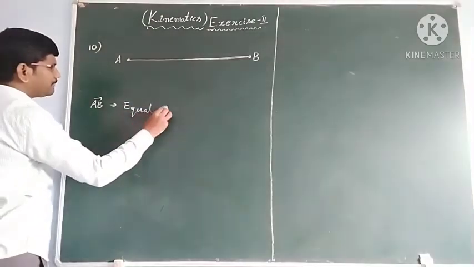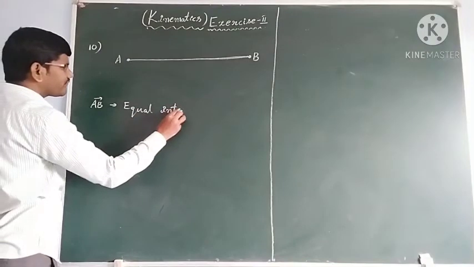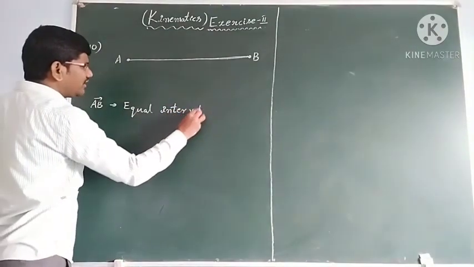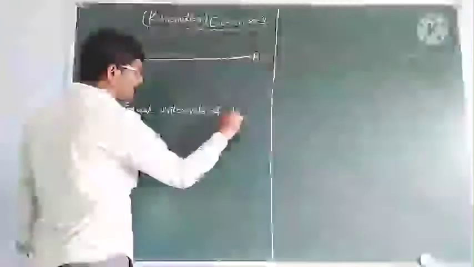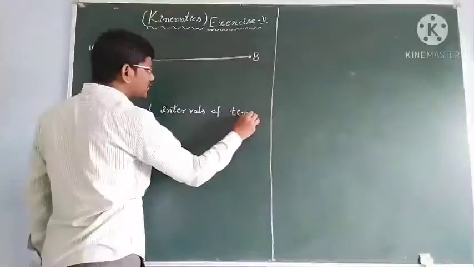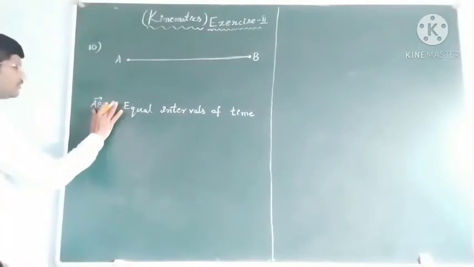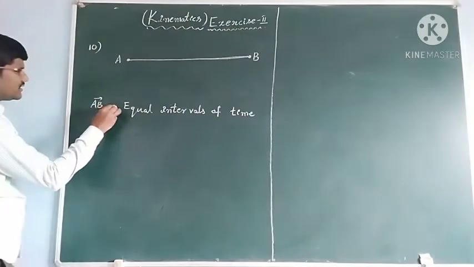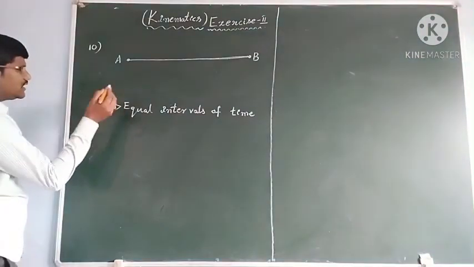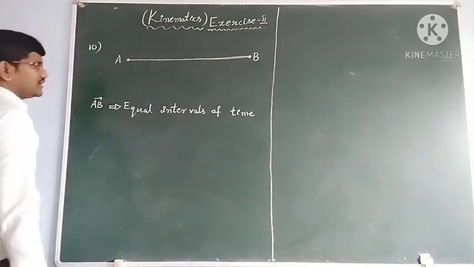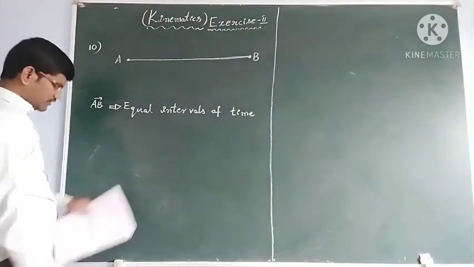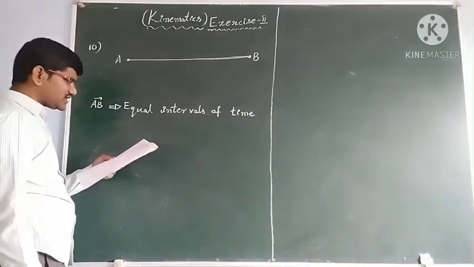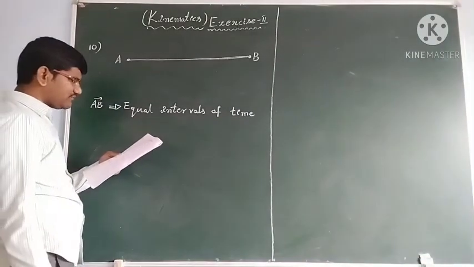So while going from A to B he is traveling with equal intervals of time, which means the times are the same, and maintaining the speeds 5, 10, 15.